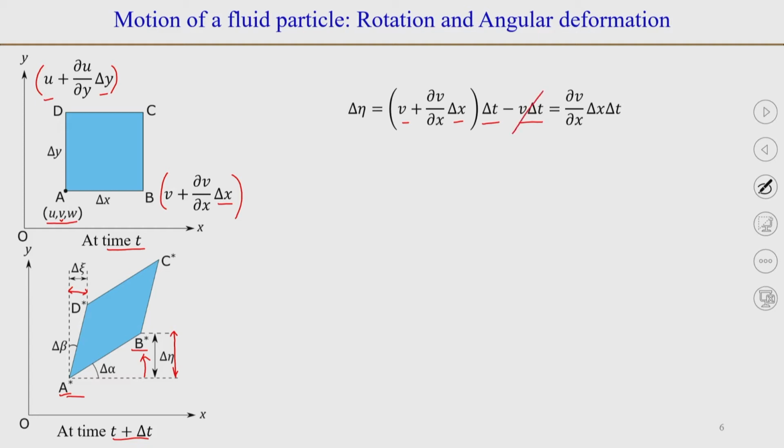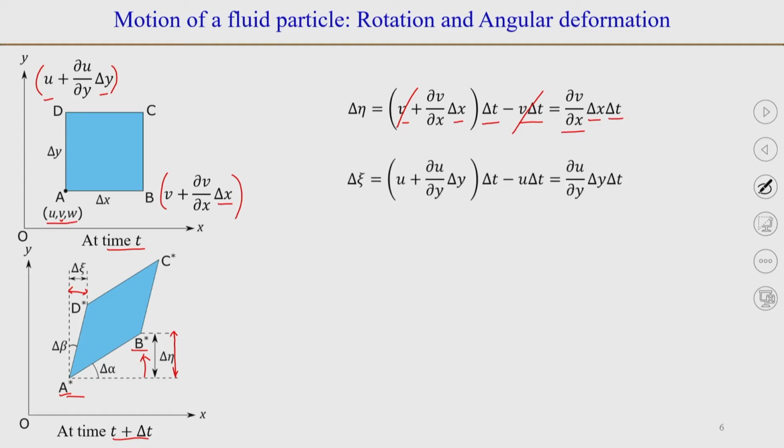We can see that v delta t will cancel out, and what we will have is dou v by dou x into delta x multiplied by delta t. So, that is delta eta.